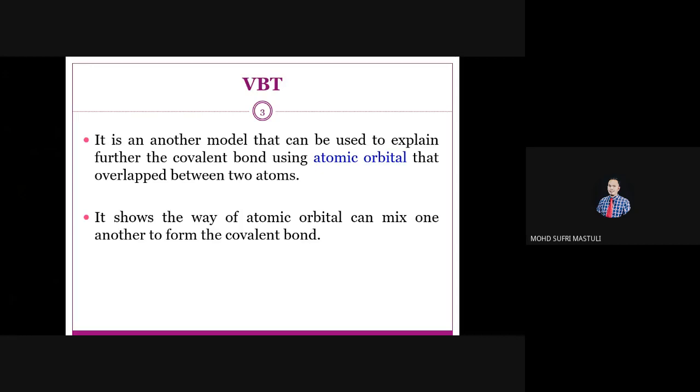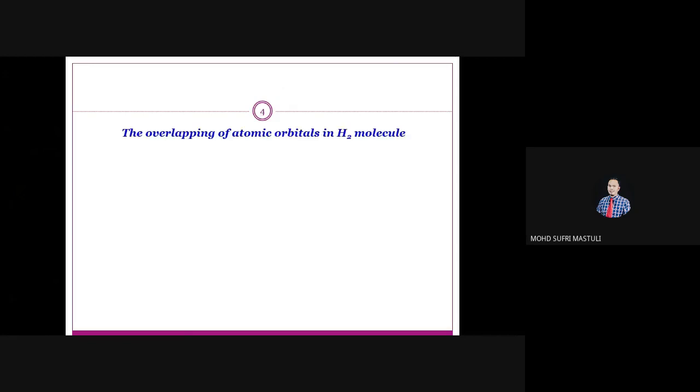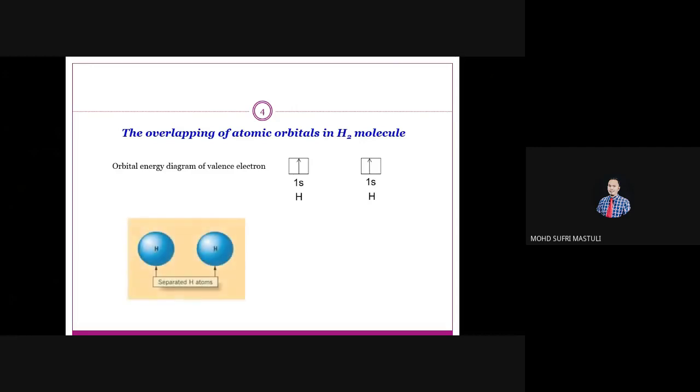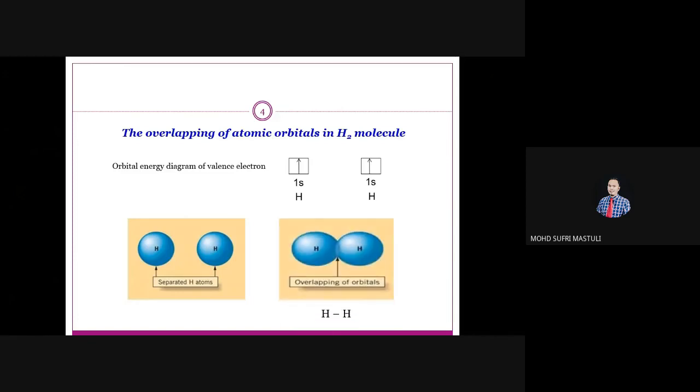So we show the formation of bonding by overlapping the respective atomic orbitals. All right, we have done this: 1s with 1s, s with p, also p with p orbitals. So we do the overlapping of atomic orbitals in the hydrogen molecule. Again and again, you should be able to draw the energy diagram of the valence electrons, showing the overlapping of the atomic orbitals 1s, 1s.